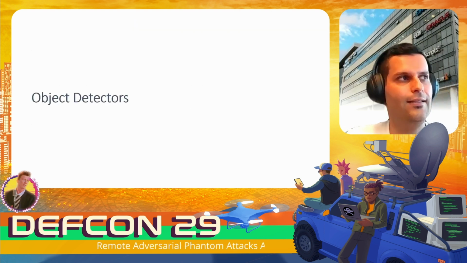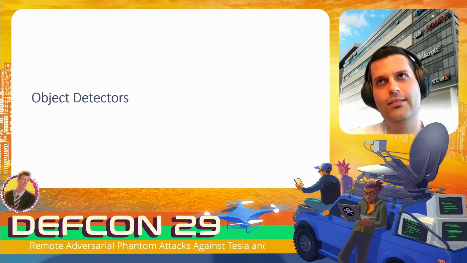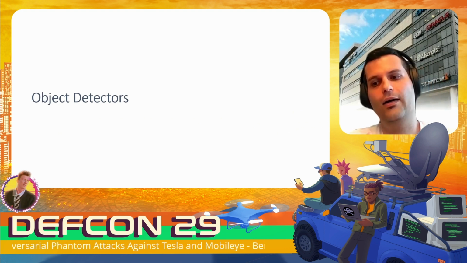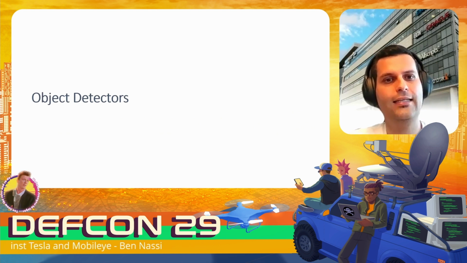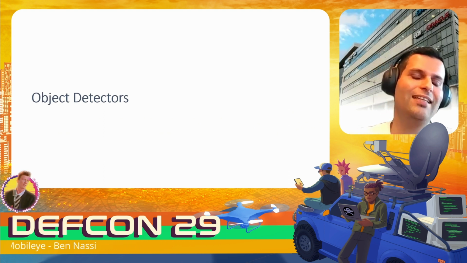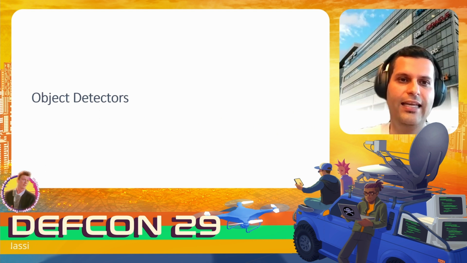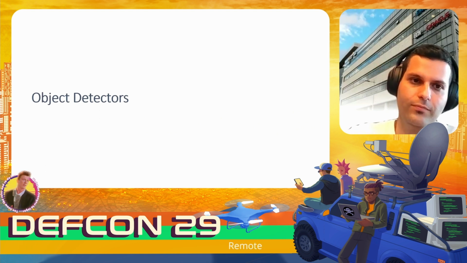Okay, so we understand what disadvantages adversarial AI attacks have. Let's try to understand how object detectors, which are the target of adversarial AI attacks, work.